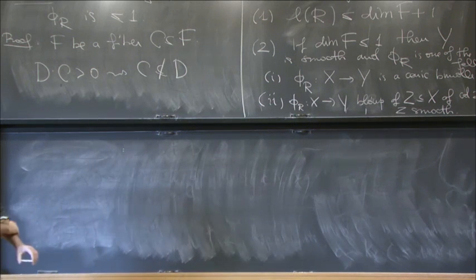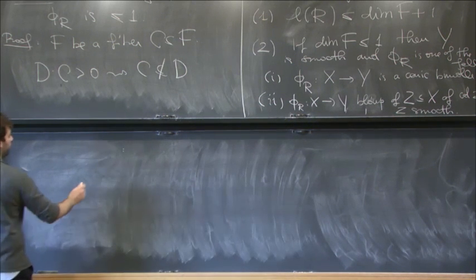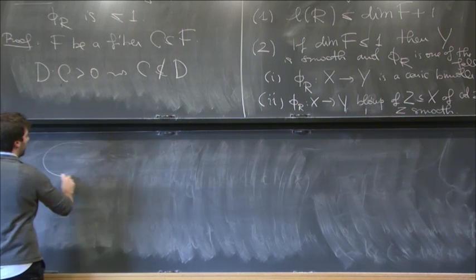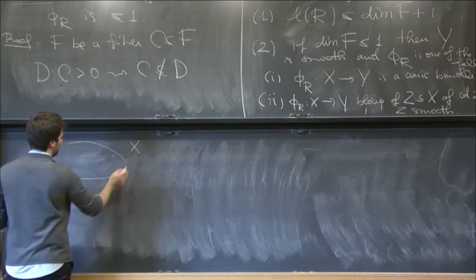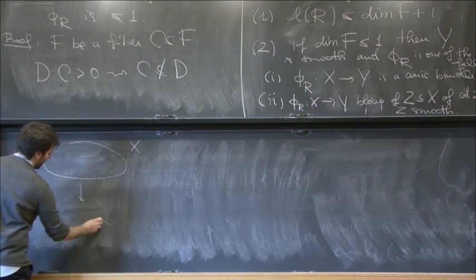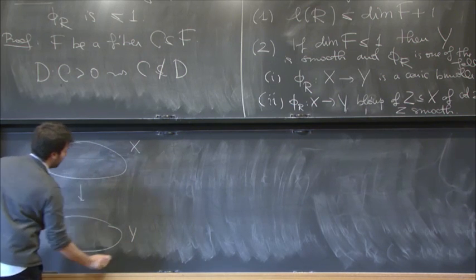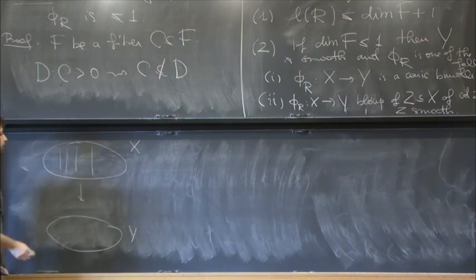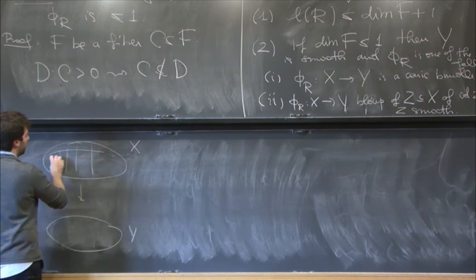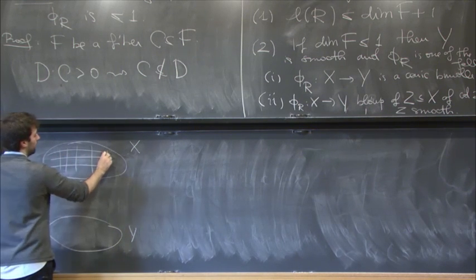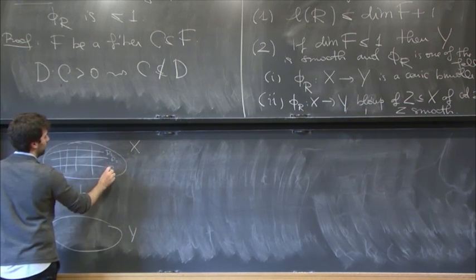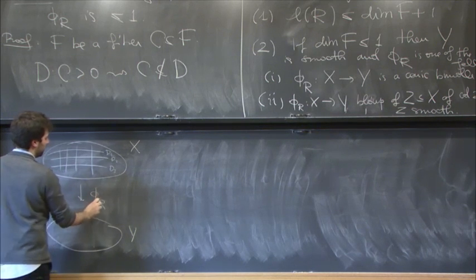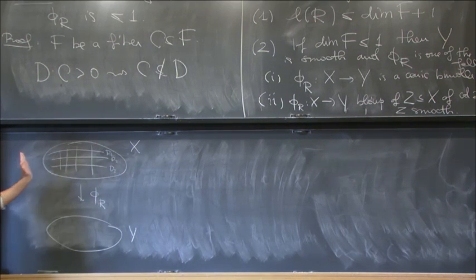Say that we are in case 1. I write the X, then this maps to Y. This is a conic bundle, so all these fibers are P1s, and then I have the divisor D: D1, D2, D3. So I have a lot of rational curves.